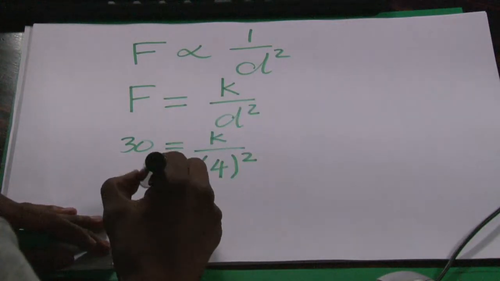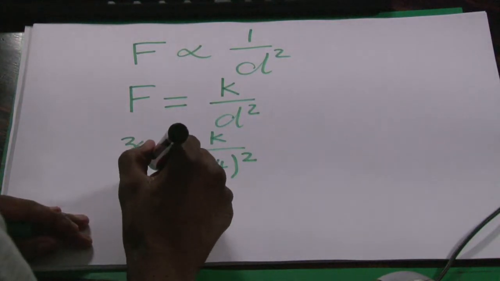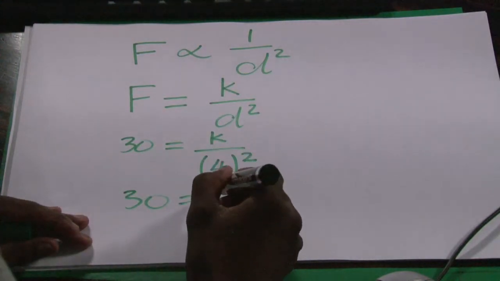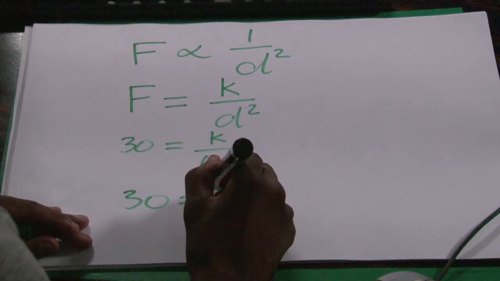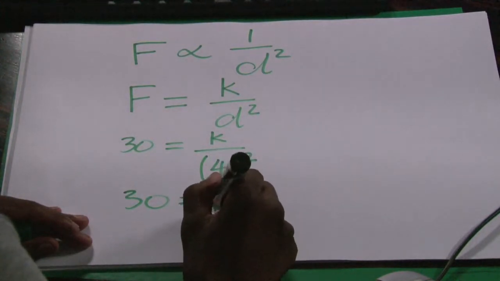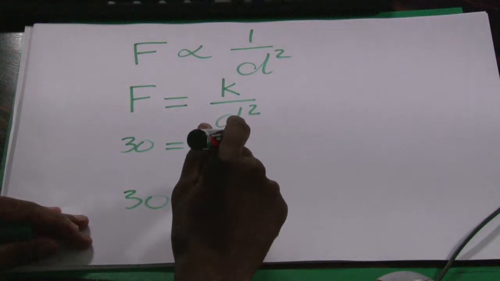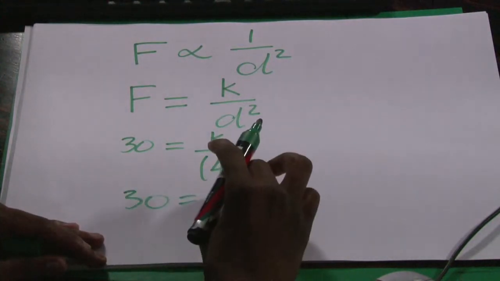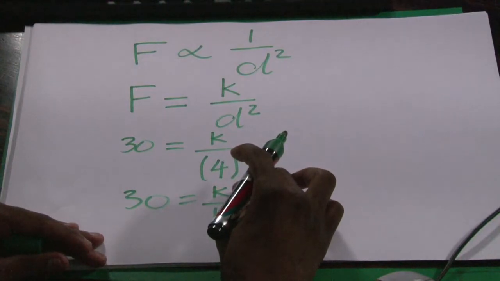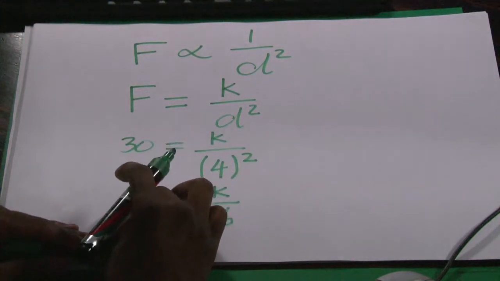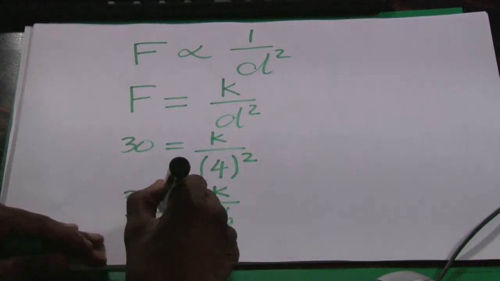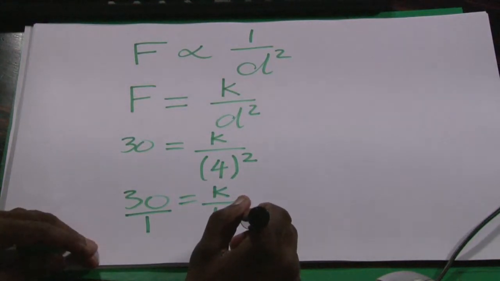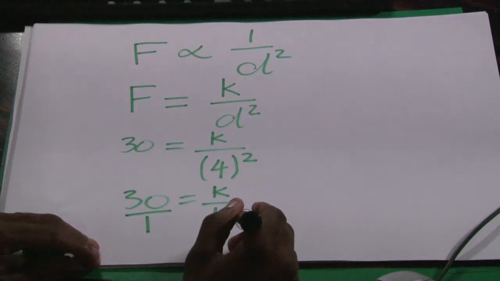So we have 30 is equal to k over 16. Use your calculator to find the value of 4 squared to give you 16. Now we have a fraction on one side and a whole number on the other side, so we should create fractions on both sides by writing 30 over 1.